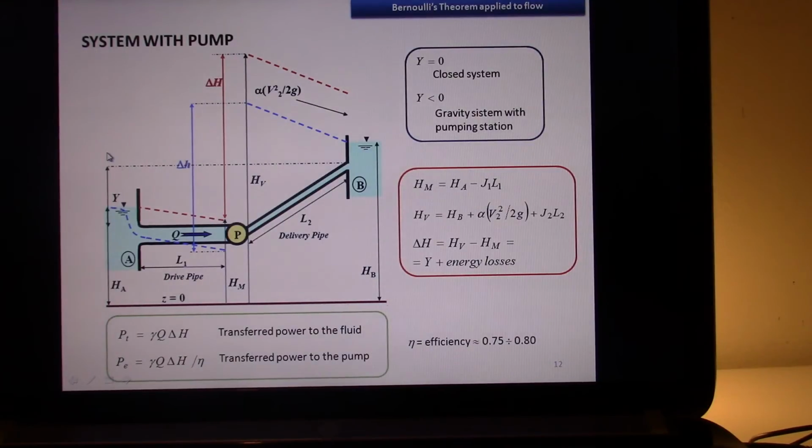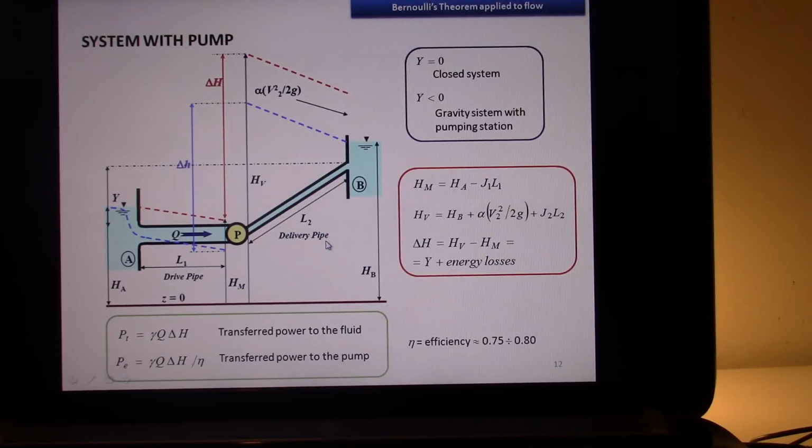So your flow can naturally go from tank A to tank B, but inserting a pump is related to the necessity of, for example, increasing the volumetric discharge that flows inside your system.